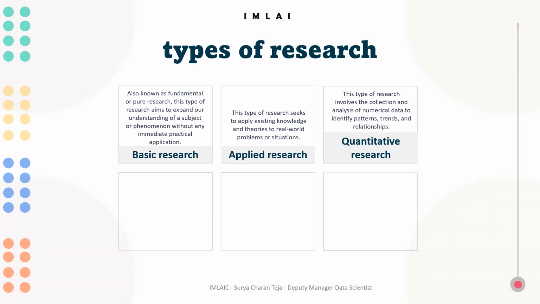A survey that measures the prevalence and severity of anxiety symptoms among college students using a standardized questionnaire and statistical analysis to determine the prevalence and correlates of anxiety. That's what we call quantitative research.